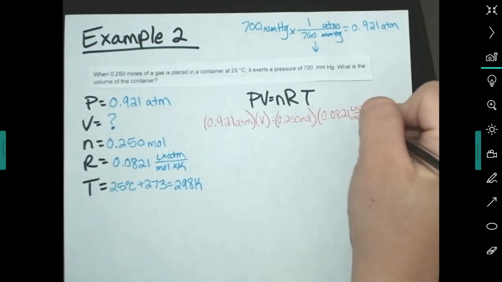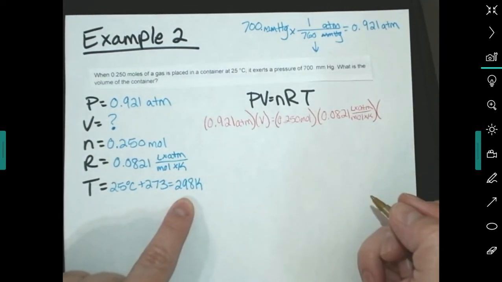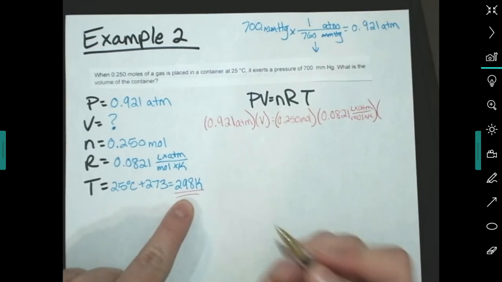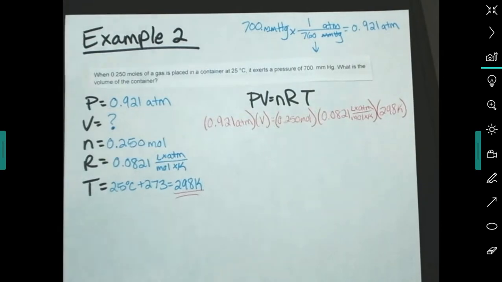I know, it's annoying to write out. I'm right there with you. And then our temperature has to be the Kelvin value. Okay, this is the one we got to use. So the 298 Kelvin. Okay, so our variable that we are trying to solve for, our unknown variable here, is volume, right?